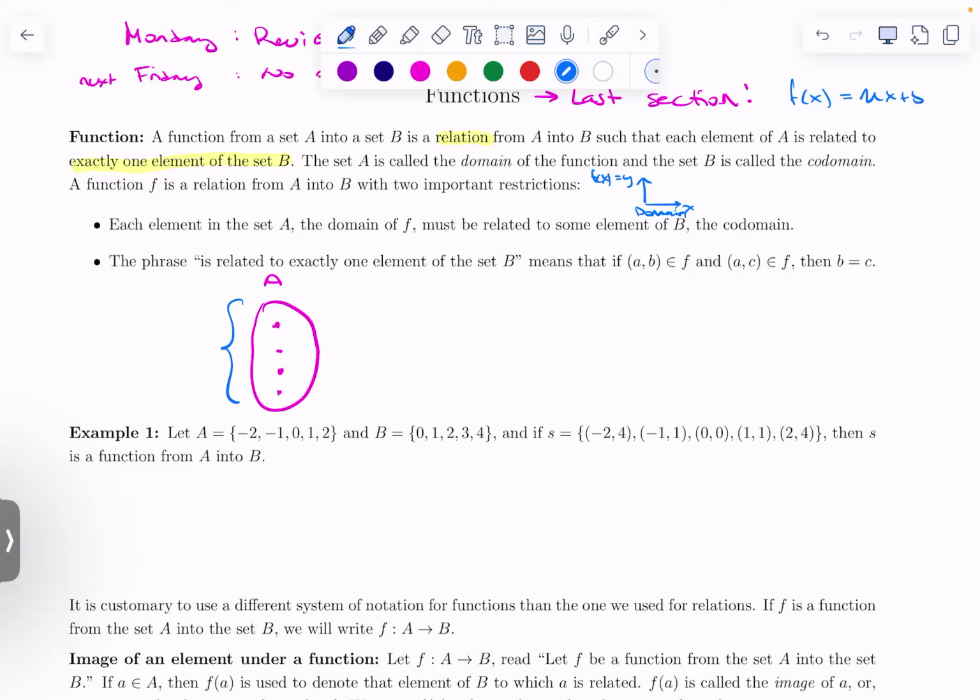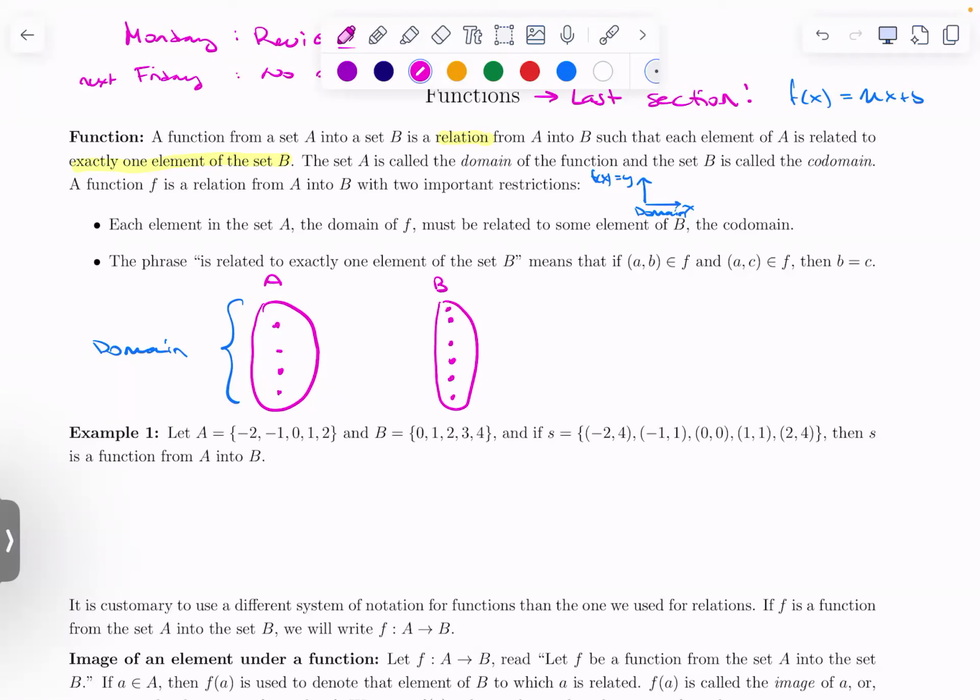That is a beautiful curly bracket. Mapping to B, let's say we have 1, 2, 3, 4, 5.